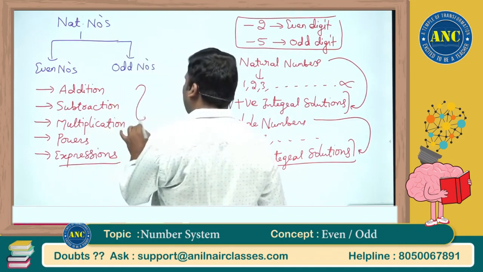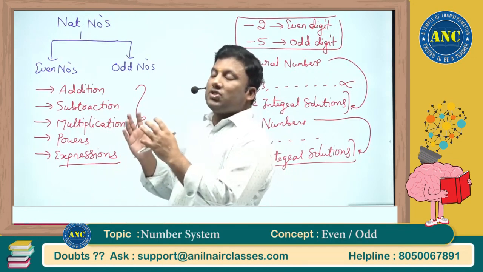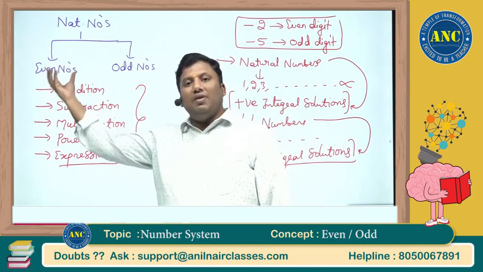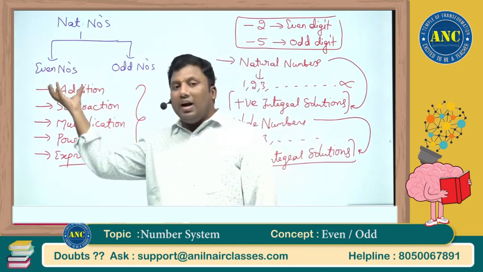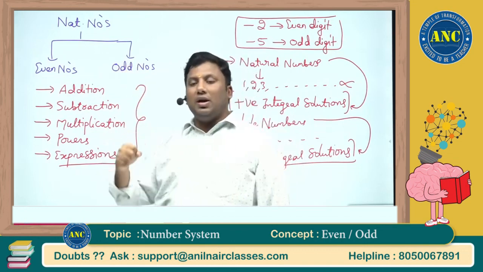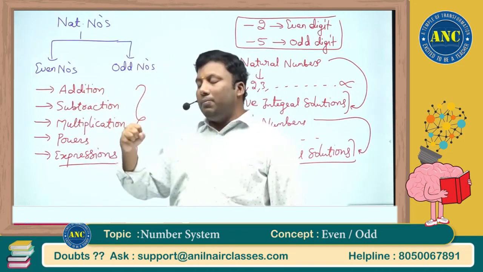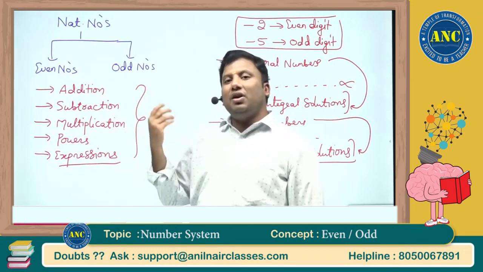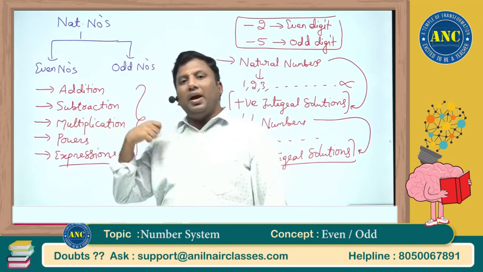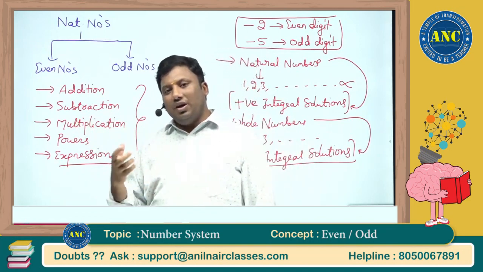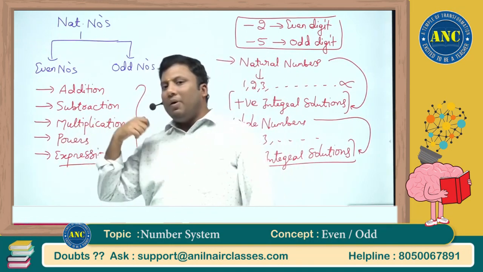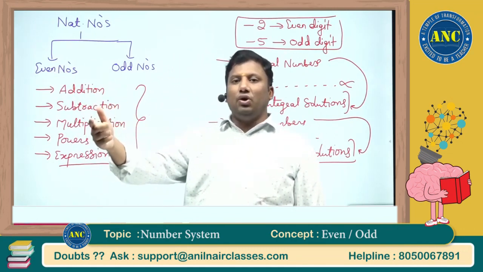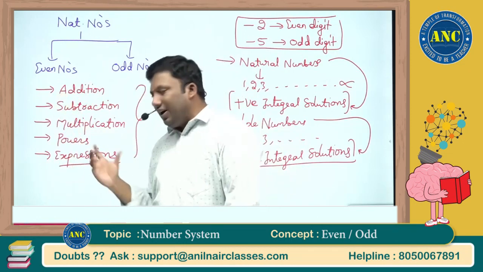If somebody gives me an even number and an odd number, I can add two even numbers, add two odd numbers, subtract even minus even, even minus odd, odd minus even, odd minus odd, multiply even into even, even into odd, odd into even, odd into odd, raise a power of even, and I can find expressions like x square plus x cube is odd.